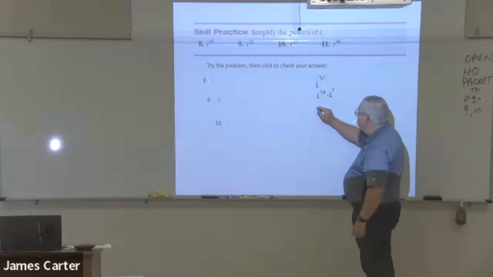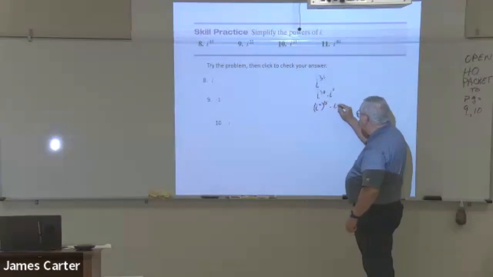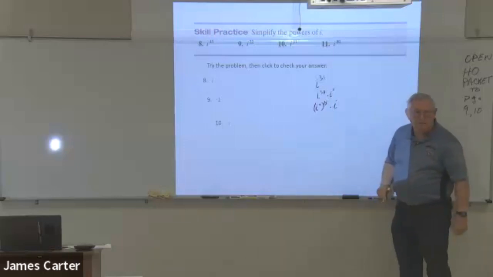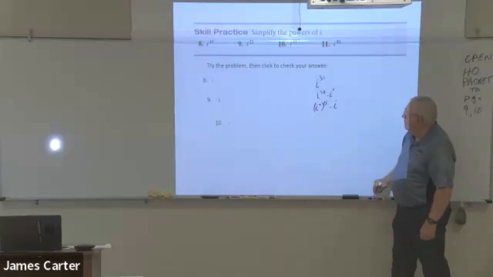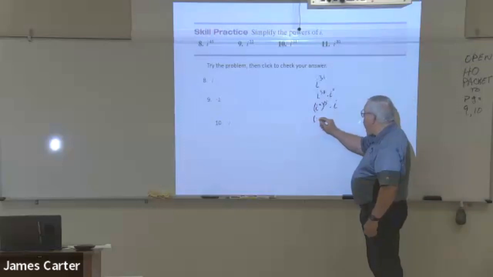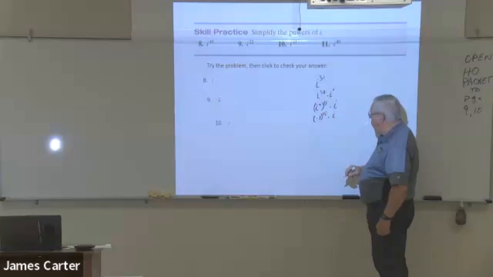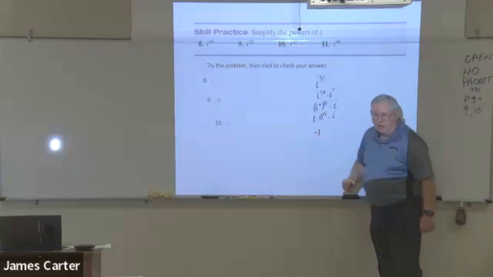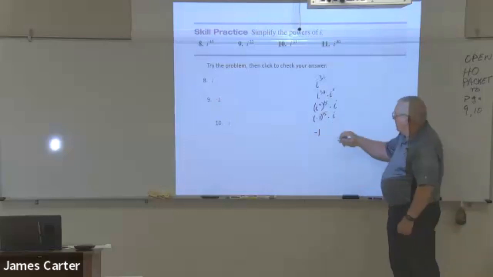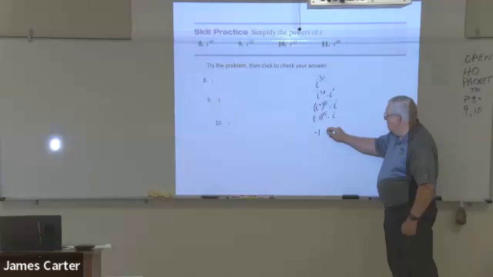Then this i to the 30th, we break down into i squared to the 15th times this i to the 1st. Well, we replace the i squared with -1 to the 15th times i. And -1 to an odd power is going to be -1 times i. So the answer is -i.